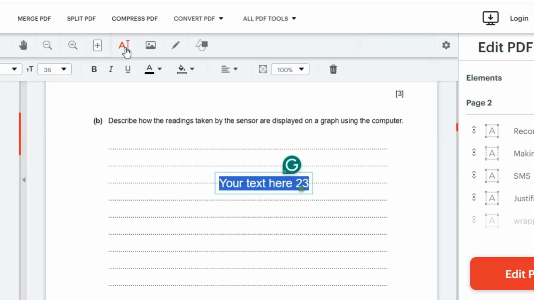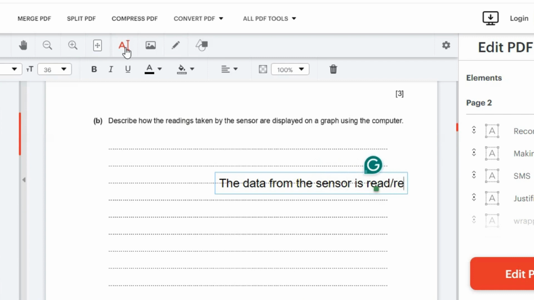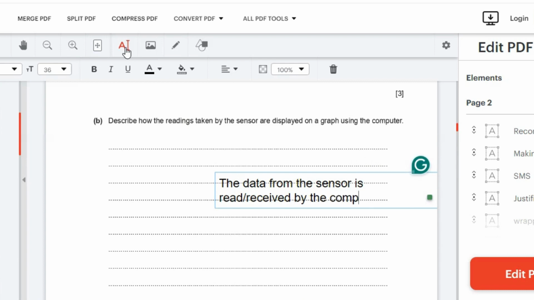The data from the sensor is read or received by the computer. The data from the sensor is read and received by the what? By the computer.